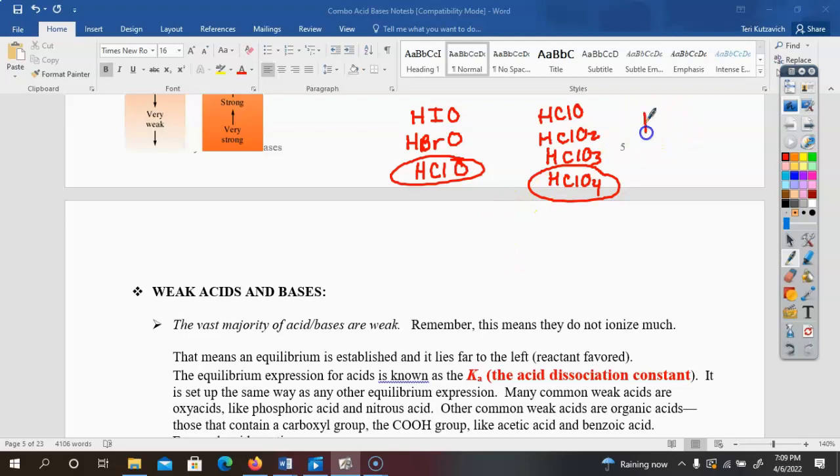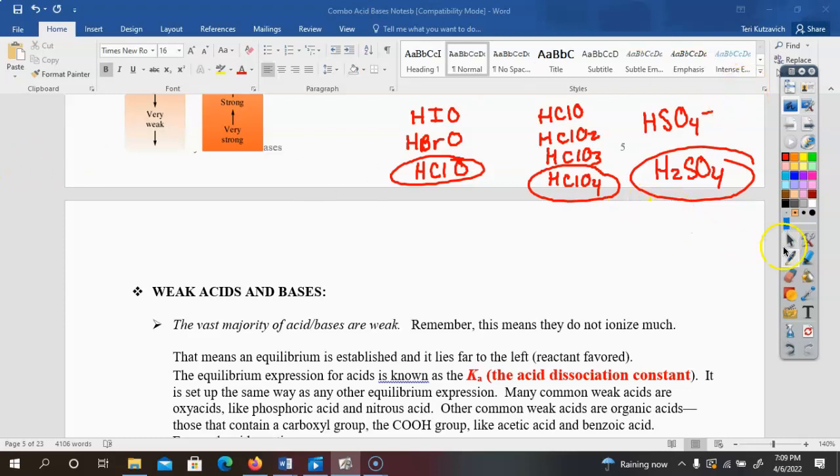And then the last one, can't look at electronegativity, can't look at number of oxygens. What are you going to look at? The number of hydrogens. The more hydrogens you have, the stronger acid it is. Strength decreases as the negative charge increases. Just an FYI.